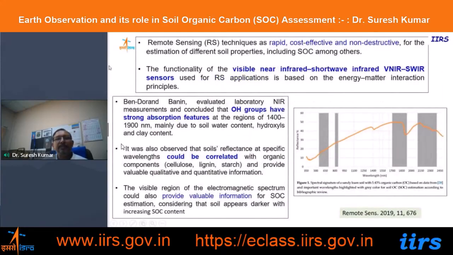If we see the reflectance characteristics of bare soil, here they are shown. You can see that as the soil becomes high in organic matter, its reflectance goes lower and lower, or reflectance is reduced because light gets absorbed.